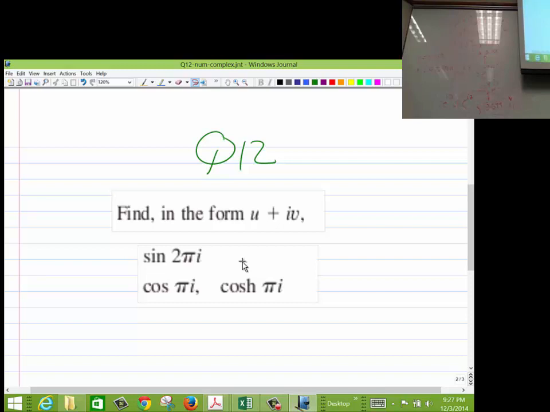Think about each one of those guys as if I am telling you z is sine 2 pi i. What's the x plus iy? It's as if I'm saying z is equal to sine 2 pi i. Find the x and y for me.